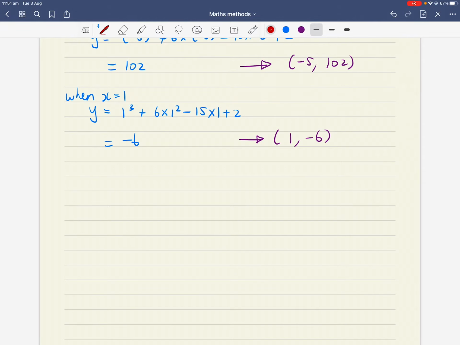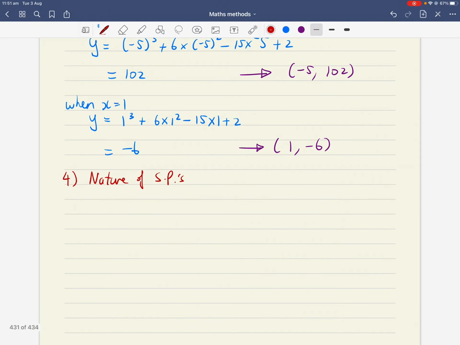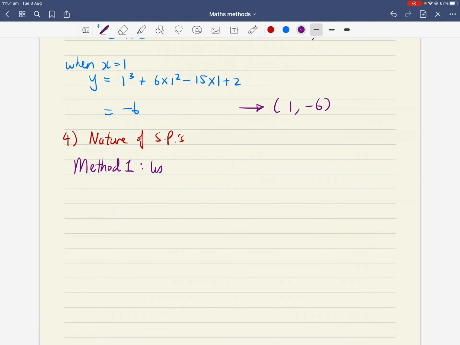Step 4, checking the nature of stationary points. As I said, I'm going to show you 2 methods. Method 1 is using the second derivative, so using y dash dash, because I called the function y, not f.